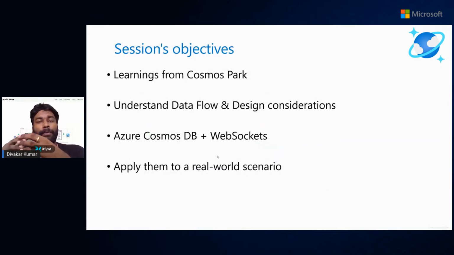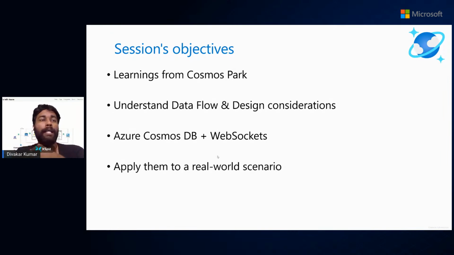The main objective of this session is that I had a lot of learnings while building this Cosmos Spark application, so I'm going to share those learnings with you as well. I want to make sure you understand the data flow between these different Azure components within this application, and a few examples when it comes to the design considerations: how to choose the right partition key and how you can make use of the change feed in order to do that.